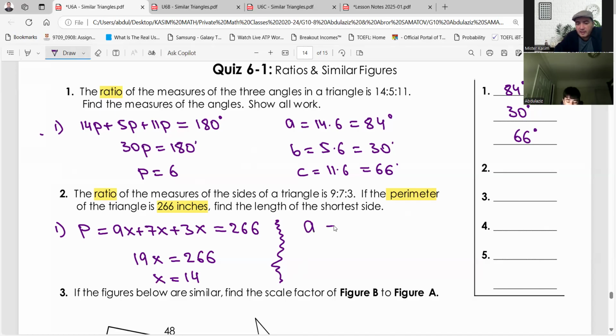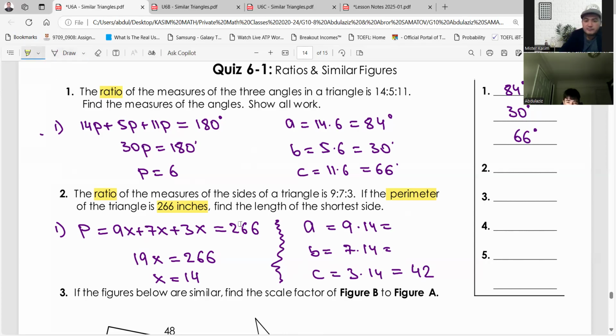So side A is equal to 9 times 14, side B is 7 times 14, and side C is 3 times 14. Since it's asking for the shortest side, it is 42. This is the shortest side, right? The shortest side of this triangle is 42 centimeters.